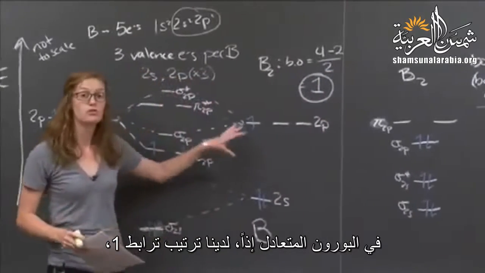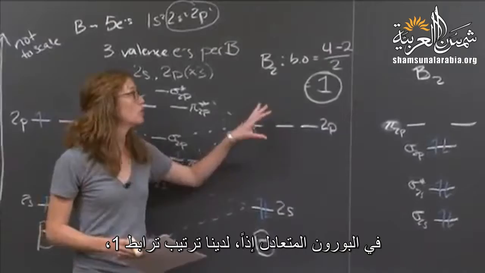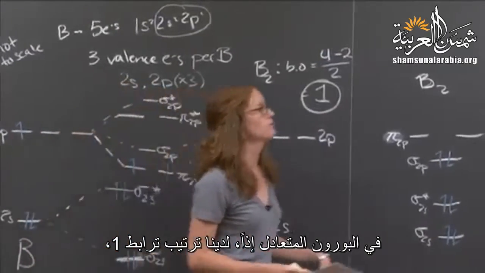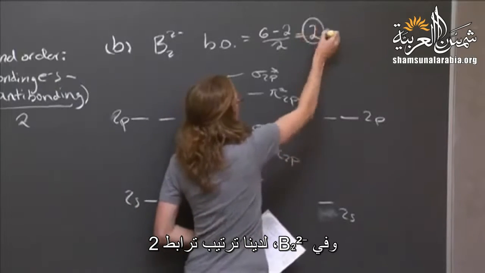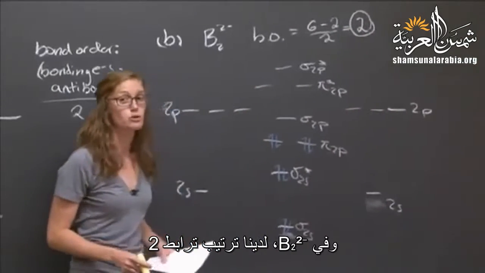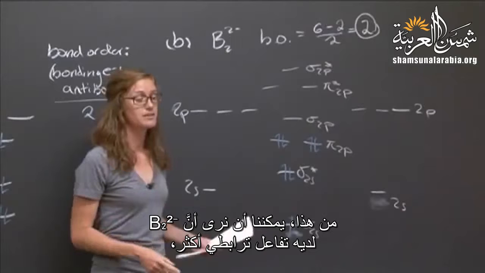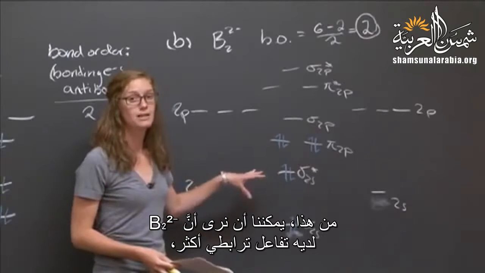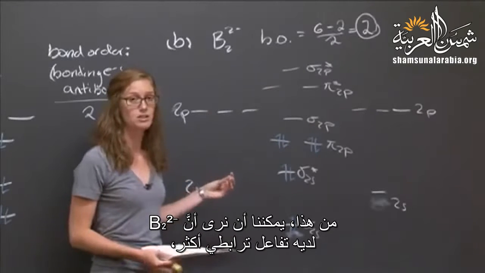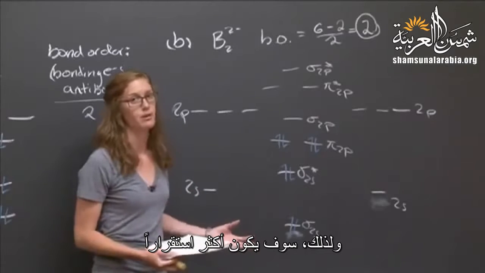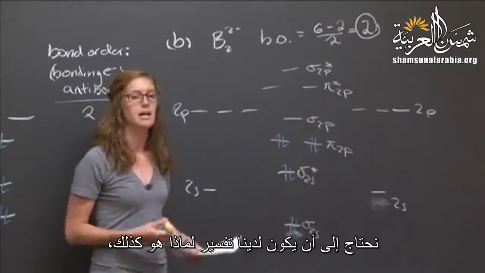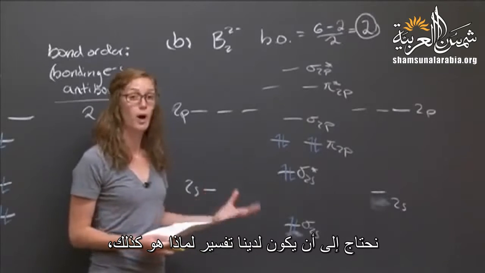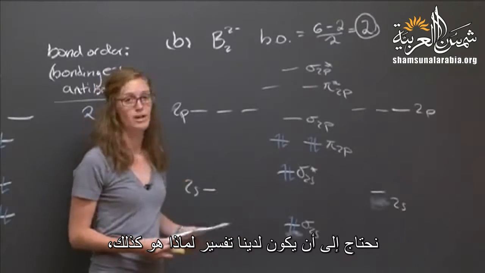So in the neutral dimer, we have a bond order of 1. And in the charged 2- dimer, we have a bond order of 2. From this, we can see that the 2- has more bonding interaction, and so it will be more stable. So again, you can't just put that it's more stable. We need to have an explanation for why, and this is a way to explain that.